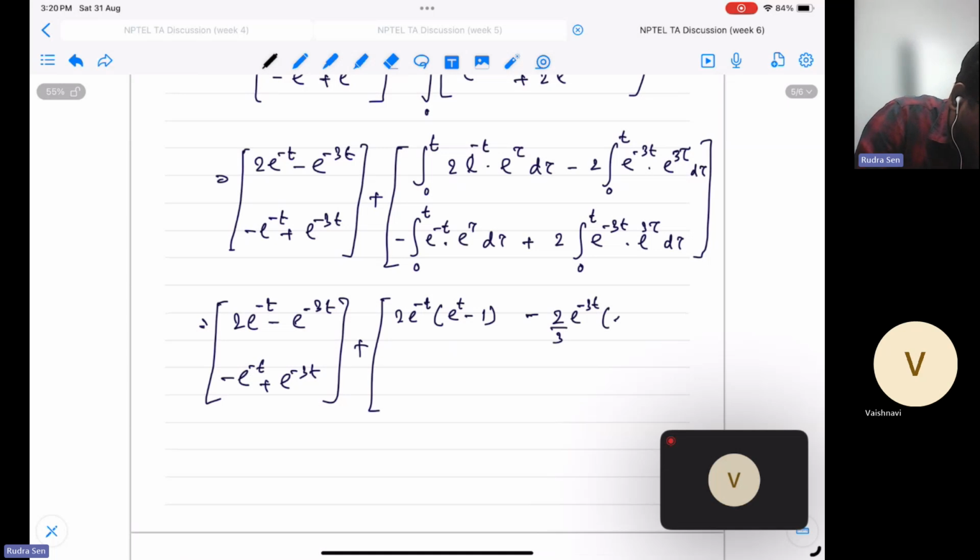It should be e to the power 3t minus 1. This is minus e to the power minus t, e to the power t minus 1, plus 2 by 3 e to the power minus 3t, e to the power 3t minus 1.